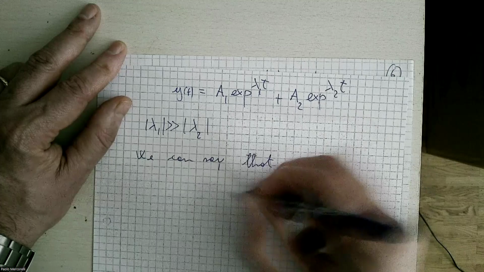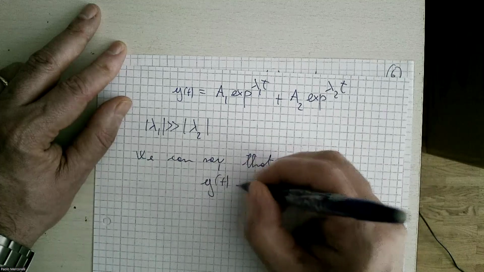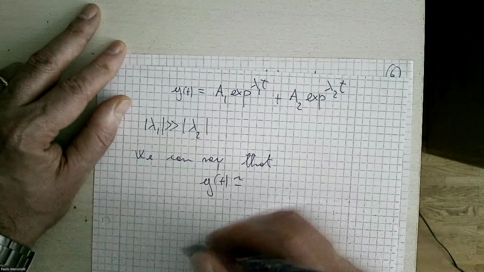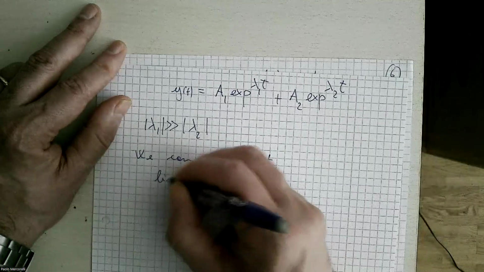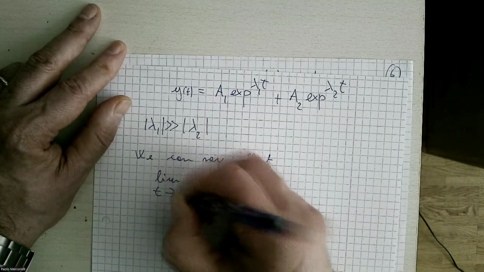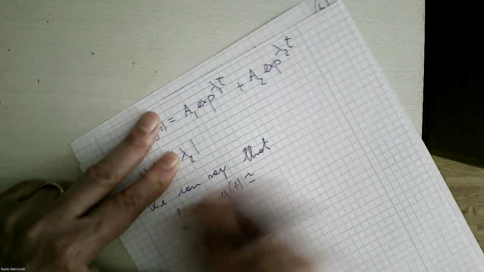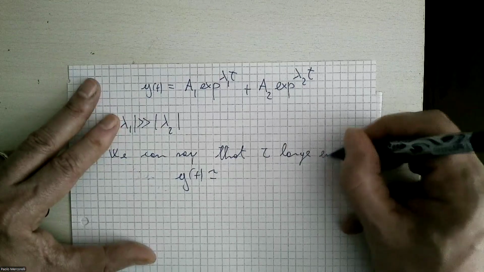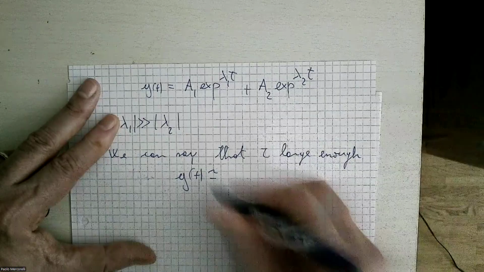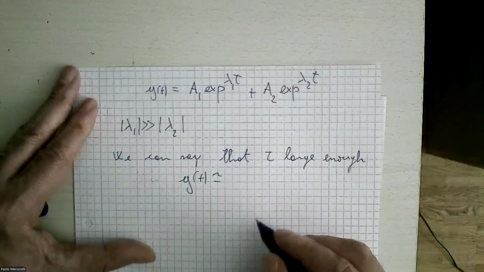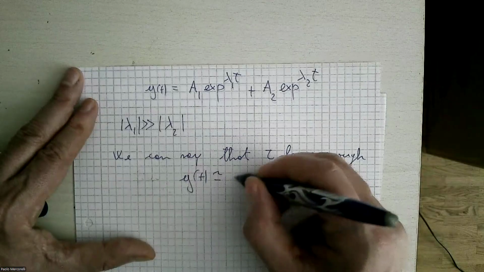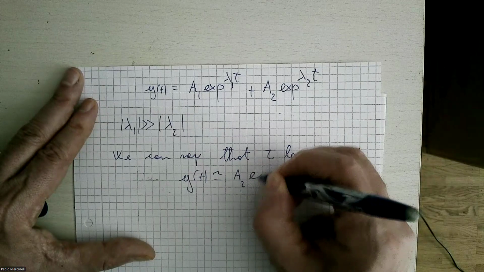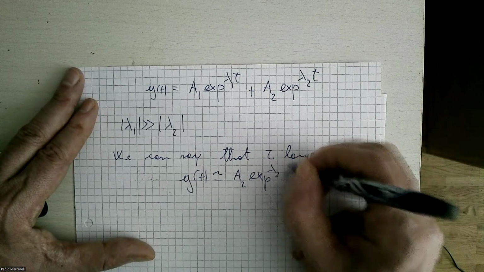We can say that y of t, for t large enough, infinite is clear, y of t is approximately a2 times e to the lambda 2 t.